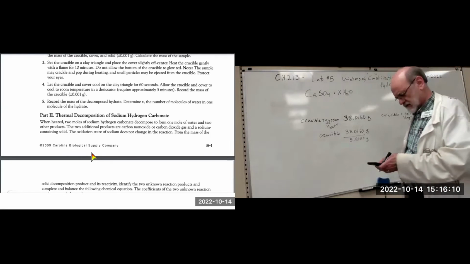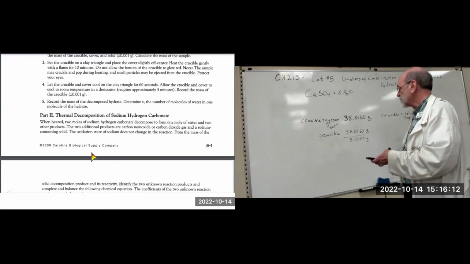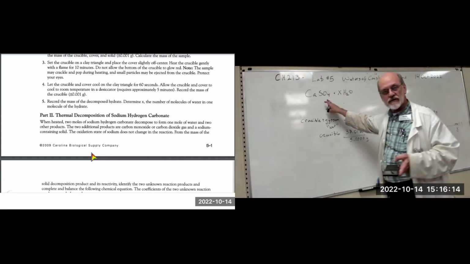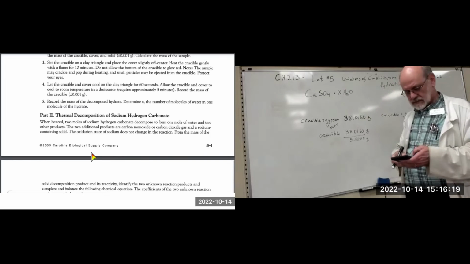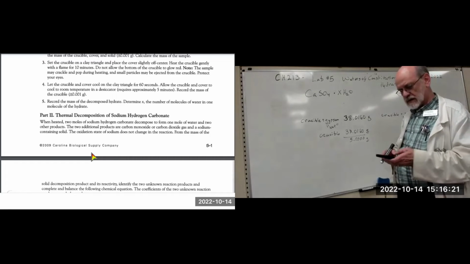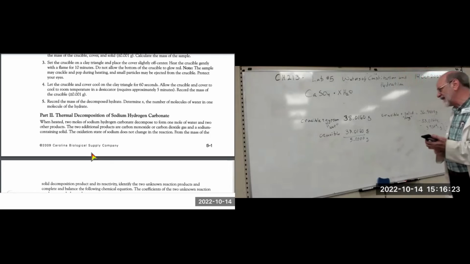Sulfur is 32.07. And 4 oxygens is 16 times 4 is 64. So that's 136.15.